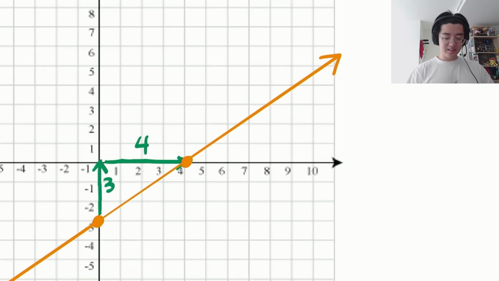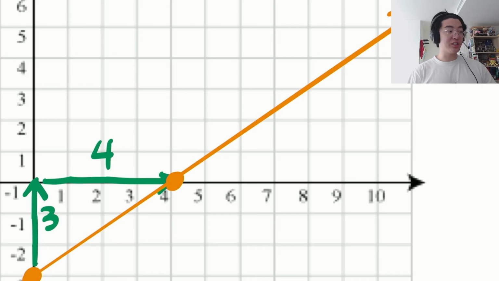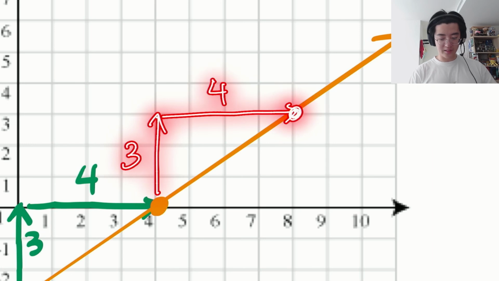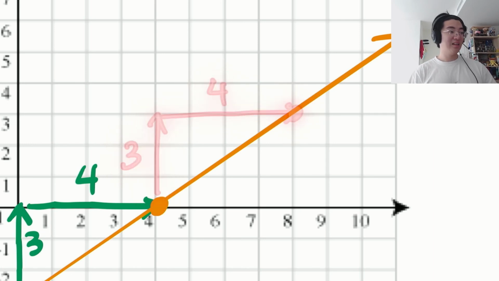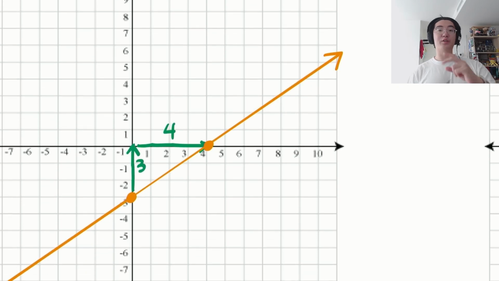As you can see here, from each dot, we go up by 3 and go to the right by 4, and we get to another point in this graph. That's what the slope tells us. It tells us how much it changes between 2 points.